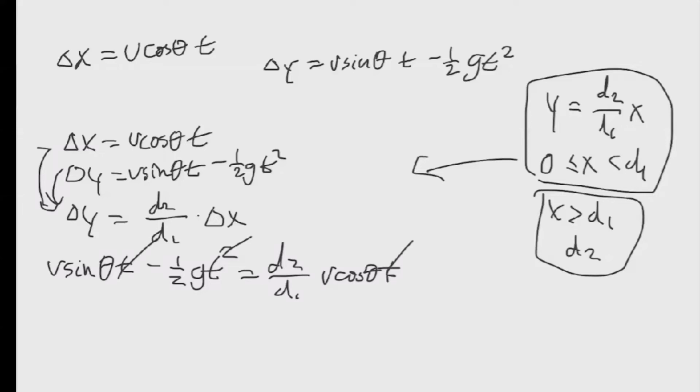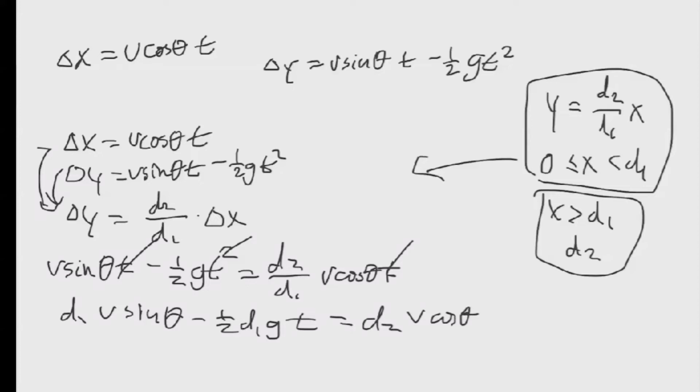And while we're at it, let's multiply both sides by d1. So d1 v sine theta minus 1/2 d1 g t is equal to d2 v cosine theta. Now the only unknown left in our equation is just t, so we can solve for t easily. T becomes (d1 v sine theta minus d2 v cosine theta) divided by 1/2 d1 g.